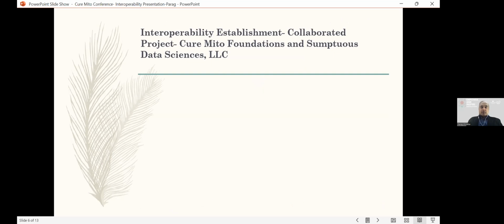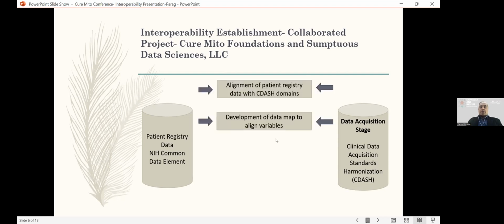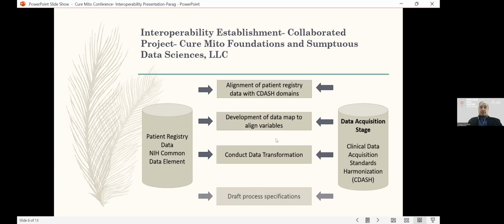So we have this collaborative project between Cure Mito Foundation and Sumptuous Data Sciences to establish the interoperability of the patient registry data. If you think about these two poles, one is the patient registry data and the other is the CDISC-based data at the data collection stage. In terms of interoperability, we are talking about four distinct aspects. First of all, alignment of patient registry data with the CDASH domains.